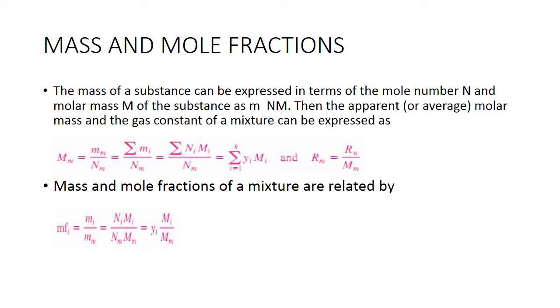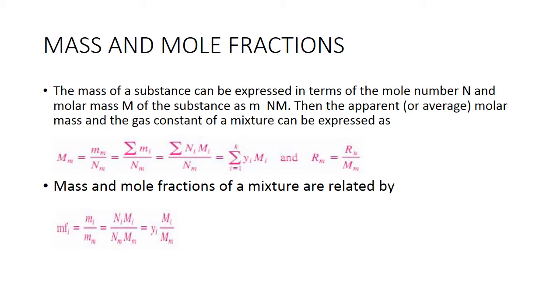Next, the mass of a substance can be expressed in terms of mole number n and molar mass M. So, m is equal to n multiplied by M. The small m, which is the mass, is nothing but molar mass multiplied by number of moles. Then the average molar mass and gas constant of a mixture can be expressed as mentioned below. The molar mass Mm is mass divided by number of moles.